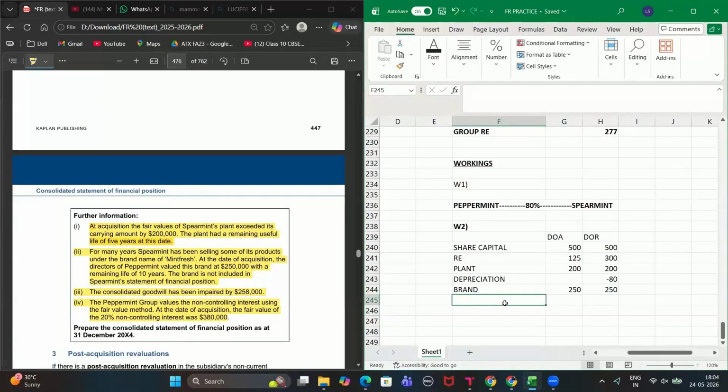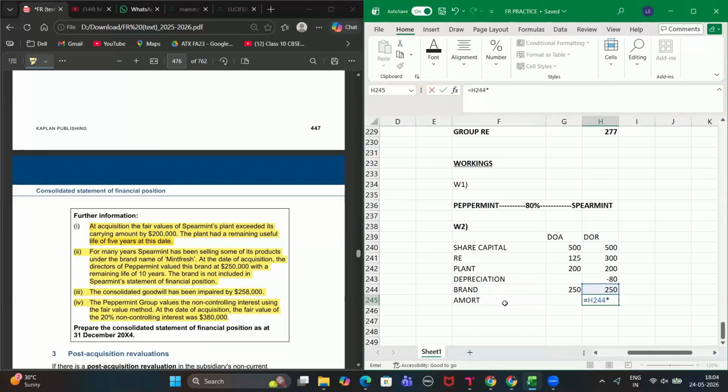We acquired the subsidiary 2 years ago, right? So what should we charge on this brand? We should charge amortization. So how much will we charge on this?